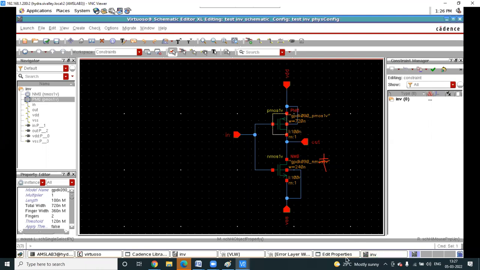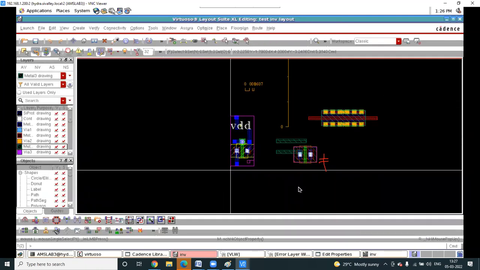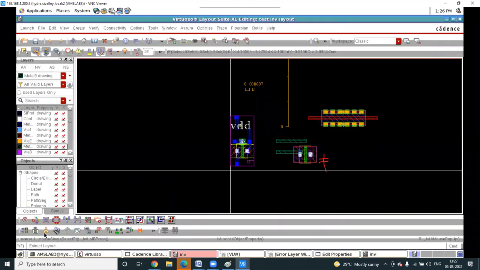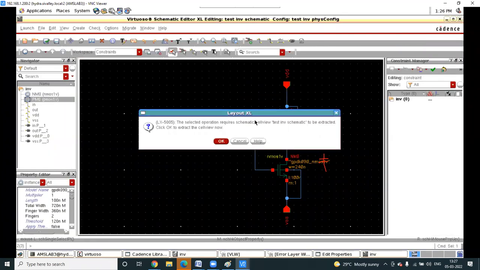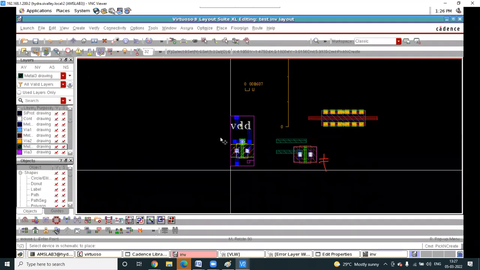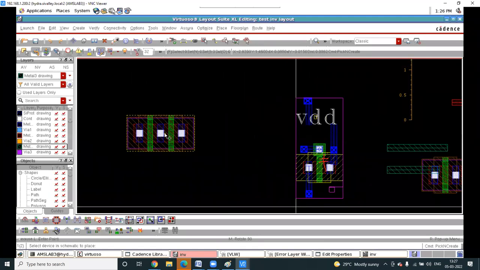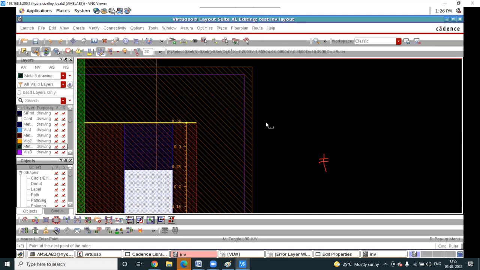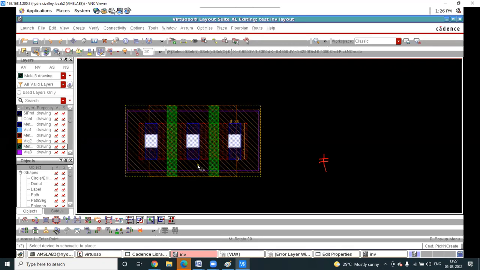If you launch the layout, this is the finger. 0.360.